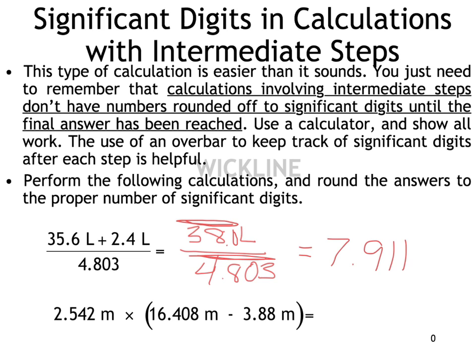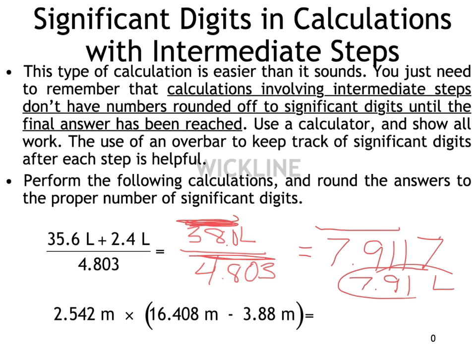I'll even put another 7 in there because it does keep going. But I should really only be keeping 3 sig figs because the 3, the 8, and the 0 is only 3. I'm going to keep those 3 then. So I'm getting 7.91, and my unit would still be liters.